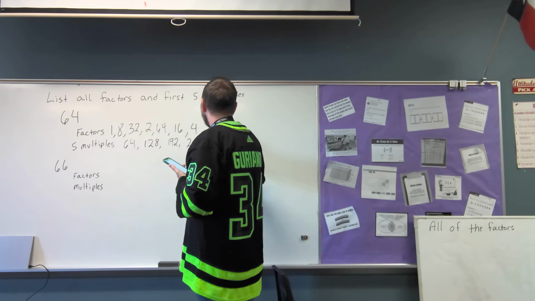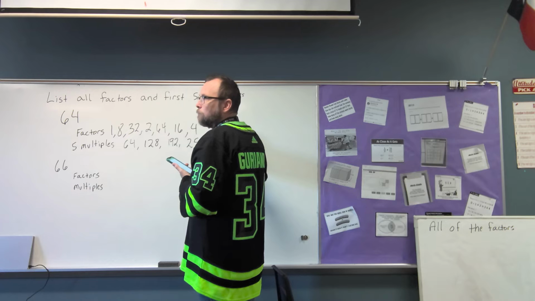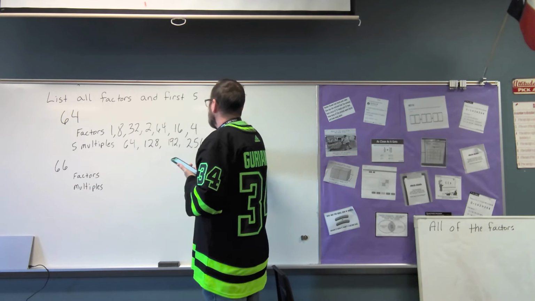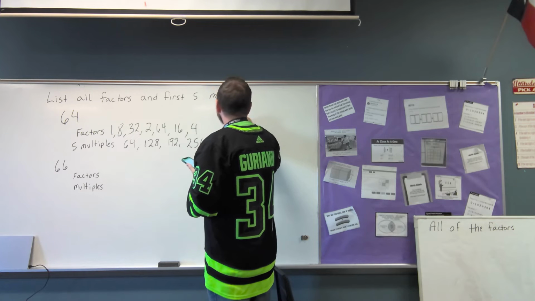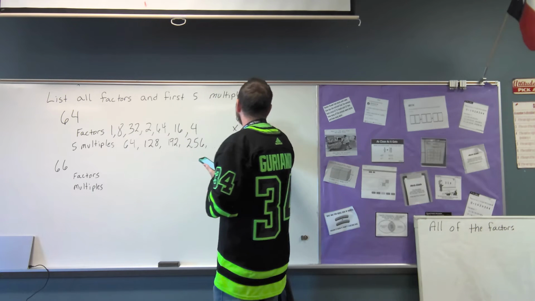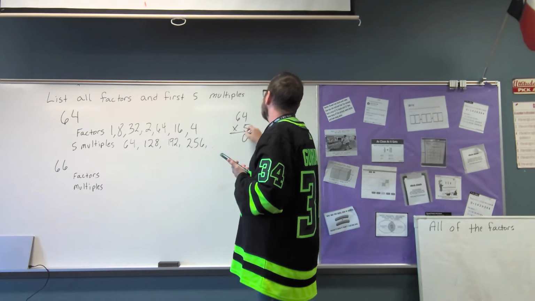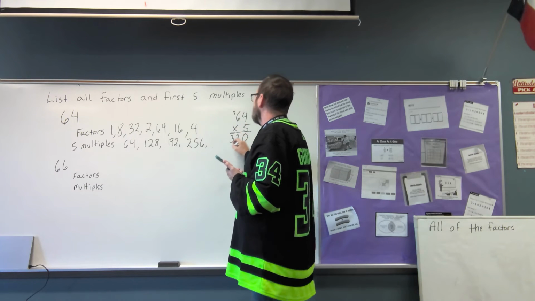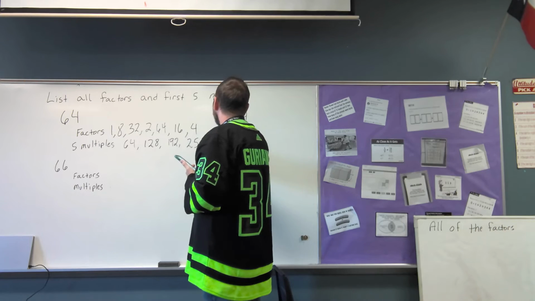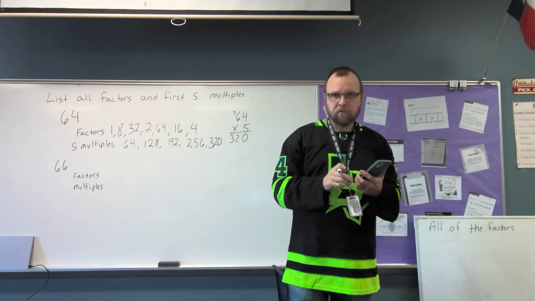I got 320. Well, let's do 64 times 5. We'll make sure 4 times 5 is a 0. So, yes, it is 320. That's all right. We're moving in the right direction.